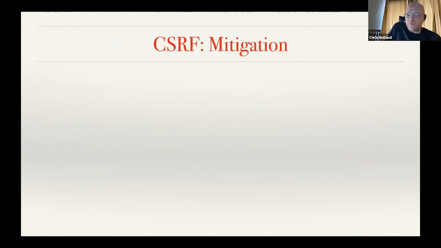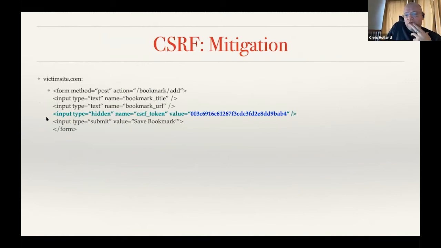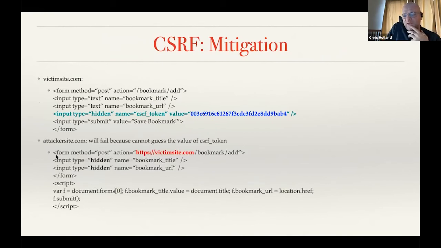But if you want to see what it looks like, it's very simple. You add an extra hidden token to your form, and that's a non-guessable token, so that when the attacker site tries to replicate your form, they're not going to be able to replicate what that token is. That's the basic gist of it.